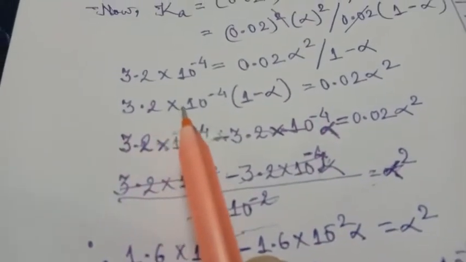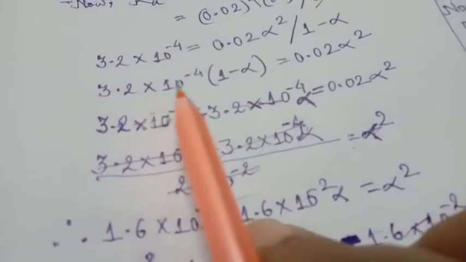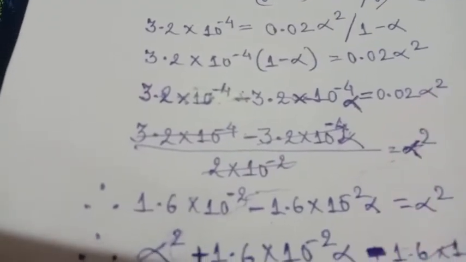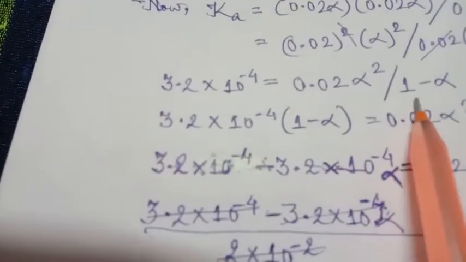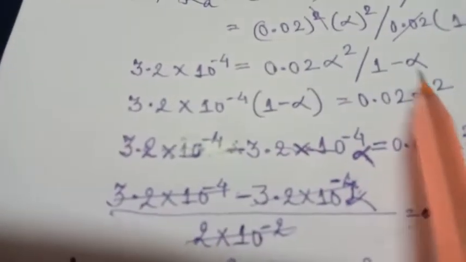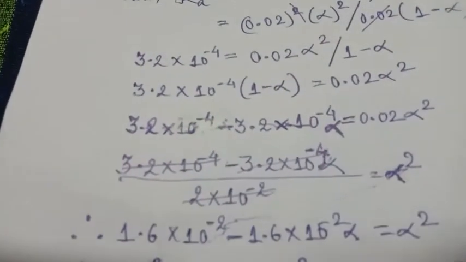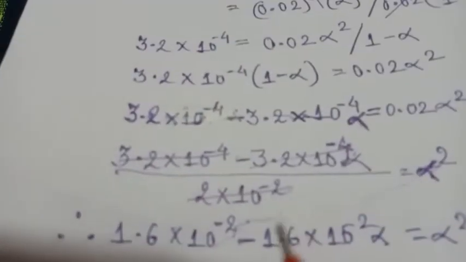Because this 1 minus alpha was in the denominator, I have taken it to the left hand side, so it is multiplied, right? Please pay attention and go through these videos properly, so you will understand each step properly.